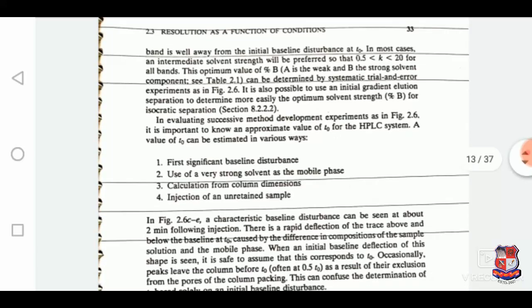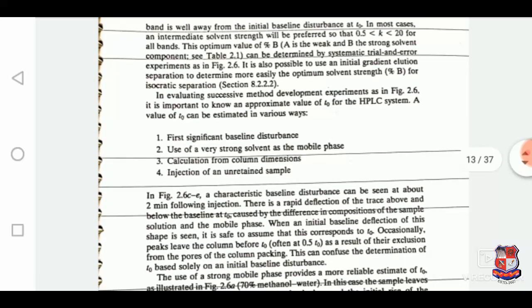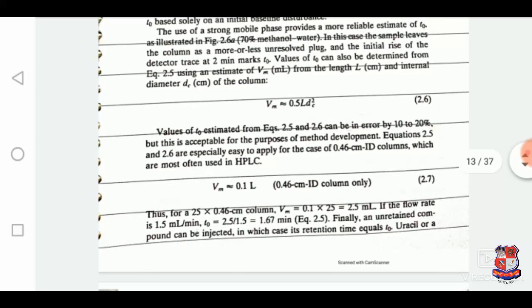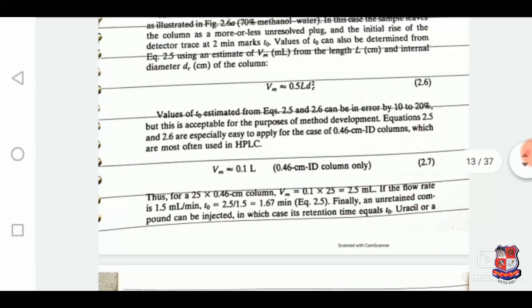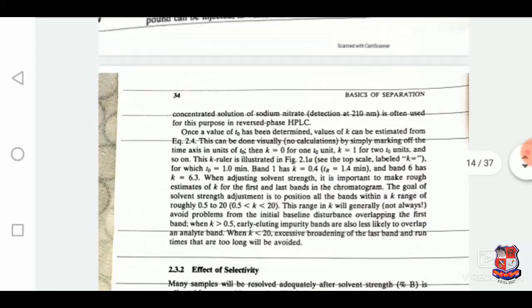The value of t0 can be estimated in various ways: for significant baseline disturbances, use a very strong solvent as the mobile phase, calculation from column dimensions, and injection of an unretained sample. So Vm, that is the dead volume, can be estimated on the basis of the column length and the internal diameter of the column, and this is the equation for Vm, 0.5 L times dc squared.